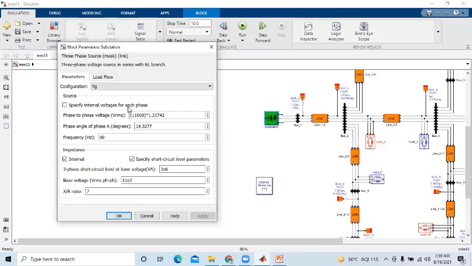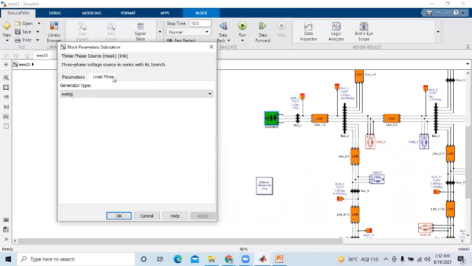This 3E6 means e to the power 6, which means 10 to the power 6. The base voltage has been taken as 11 kV and the X/R ratio for this is taken as 7. For a load flow, this generator type has been considered as a swing generator, swing bus. Therefore, bus number 1 is considered as the swing bus in this case.